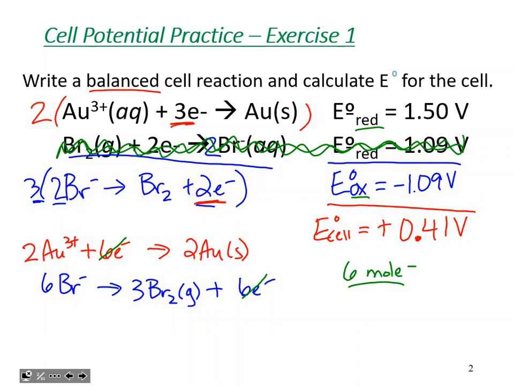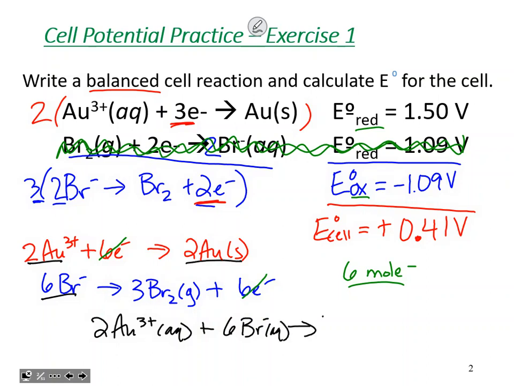Then all you would do is combine them. So we get our 2 Au3+, this is aqueous because it's an ion, plus our 6 of the bromide, which is aqueous. That's going to give us 2 of our gold solids and 3 of our bromine gases.